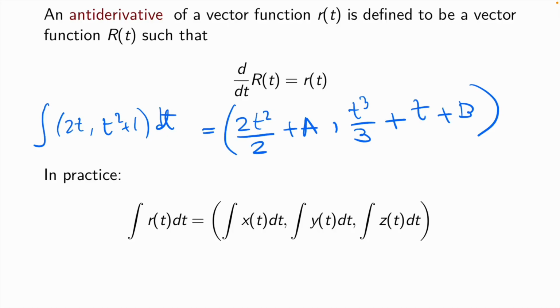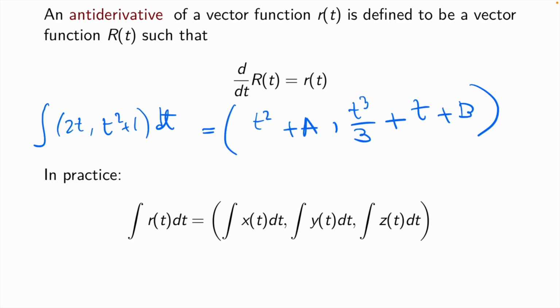So of course we can simplify, and it will be just t squared plus a constant, comma, t cubed over 3 plus t plus a constant.